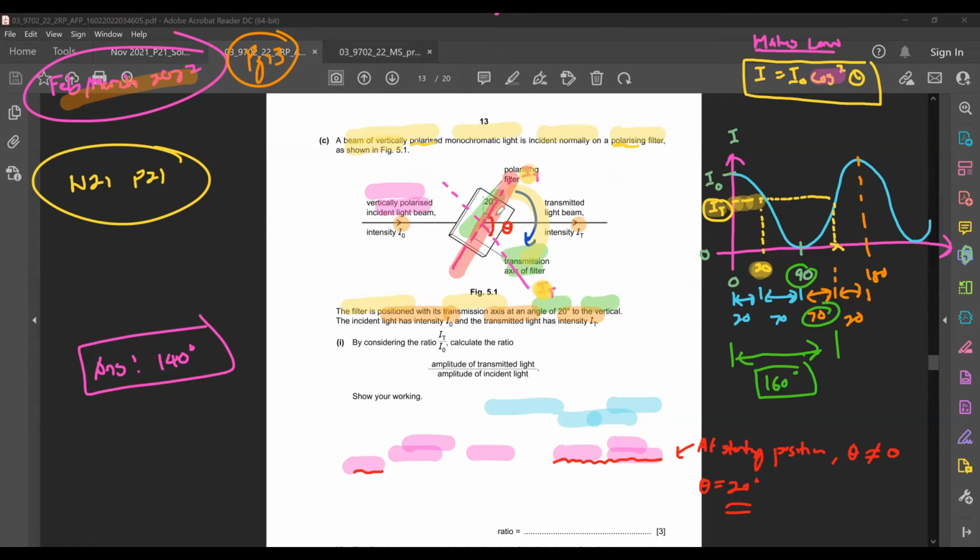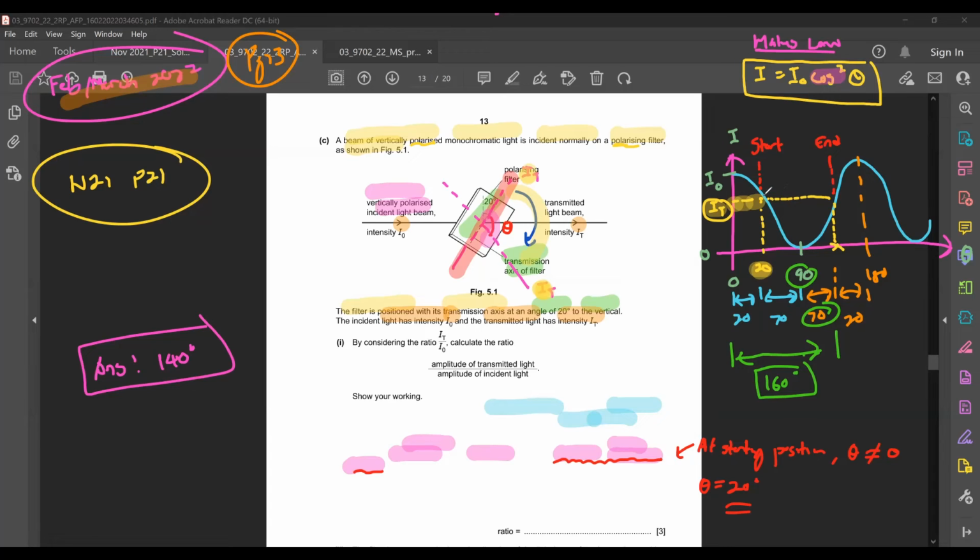So if you want to measure the angle, it will be from here to here. All right, so you are not referencing your starting position from the 0 degree side. Instead, you're referencing it from the 20 degree side. So in my case, with that in mind, this one will be my start, and then this one would have been my end.